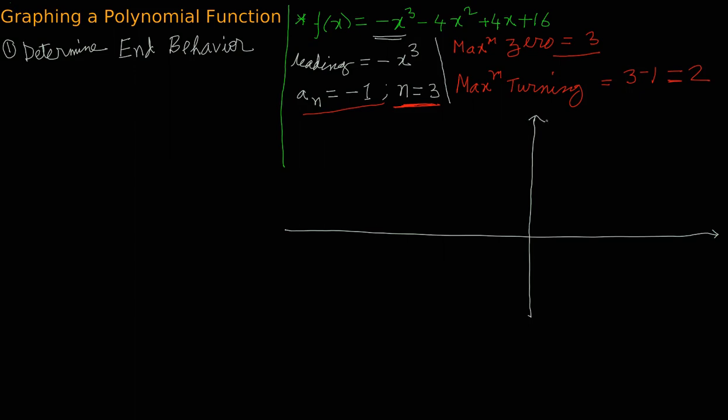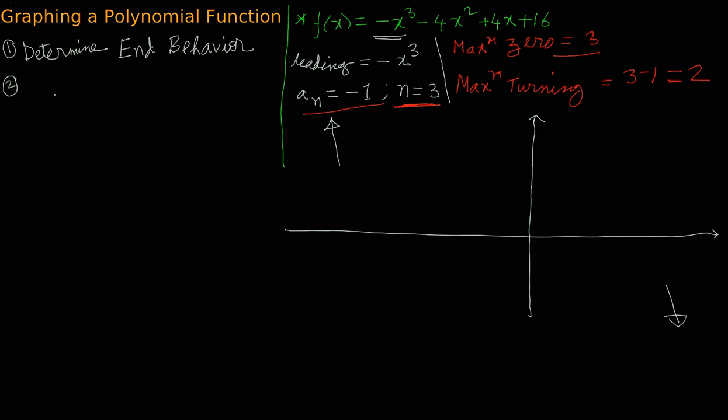The end behavior on the left hand side is going up, and on the right hand side it is going down. So that is the end behavior, and that will be the end of step number 1.